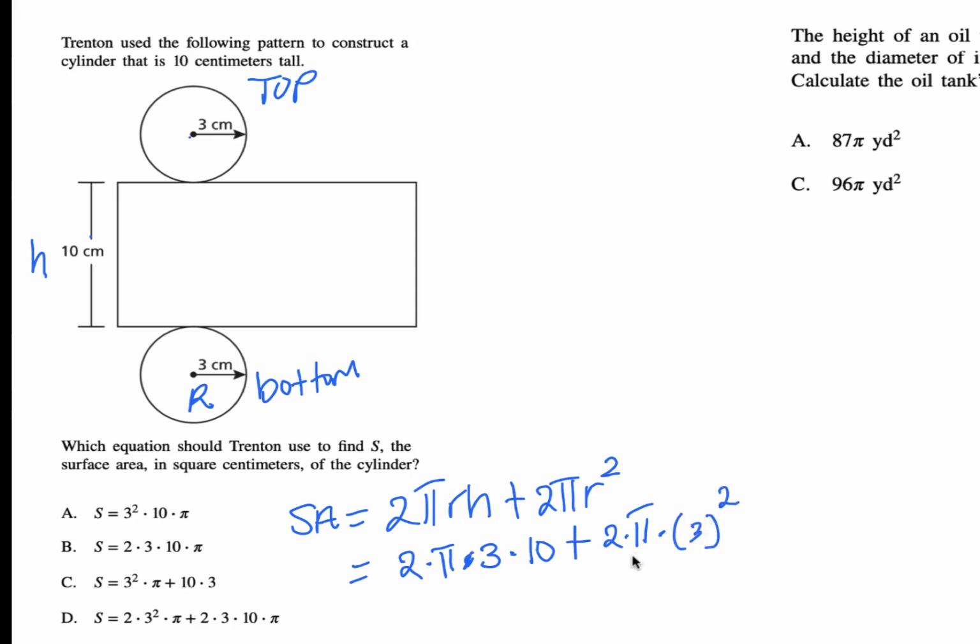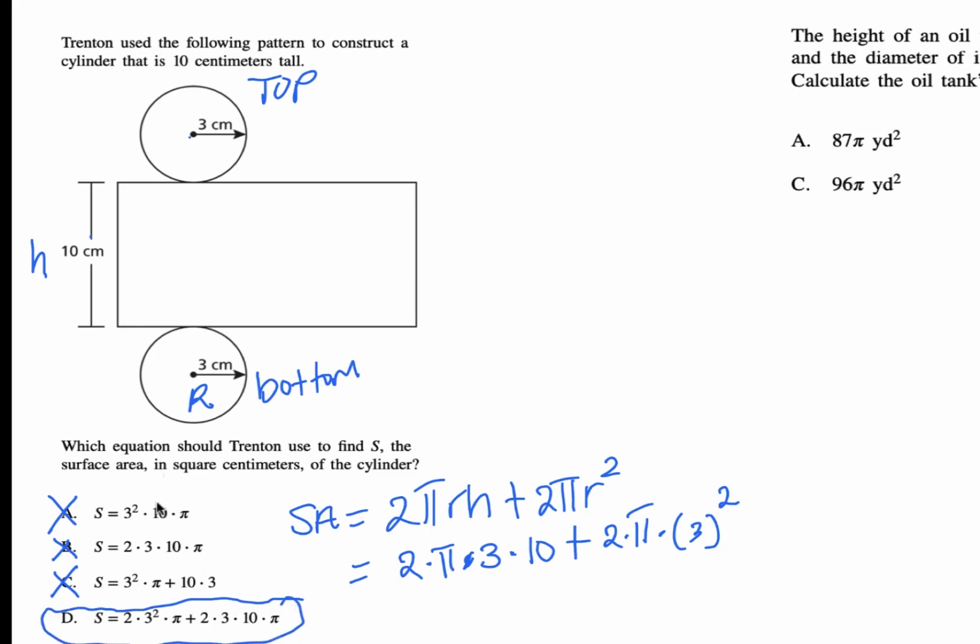So that's what we're looking for. So I can eliminate A because that's missing a plus sign, B as well. Okay, C has a plus sign, but if you notice, they're missing the 2's. So our answer is D. And notice they wrote it backwards. So you have 2 here, 3 squared, and then the pi, and then this was the 2 times 3 times 10 times pi. So your answer is D.